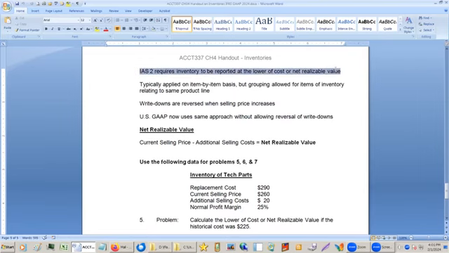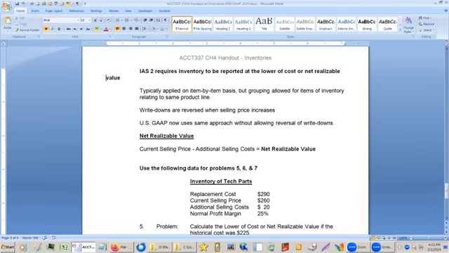So anyway, lower of cost or market. In this case, lower of cost or net realizable value is the new terminology. And this is for both US GAAP and the international standards. The US standard for what they called lower of cost or market was absolutely crazy.